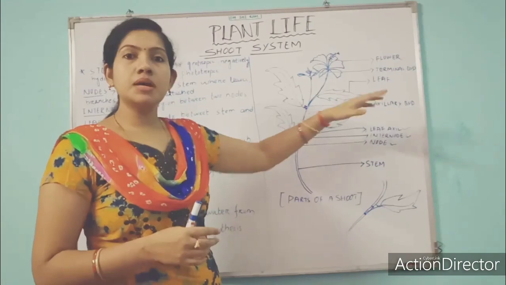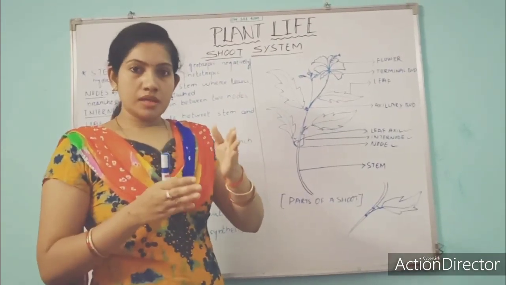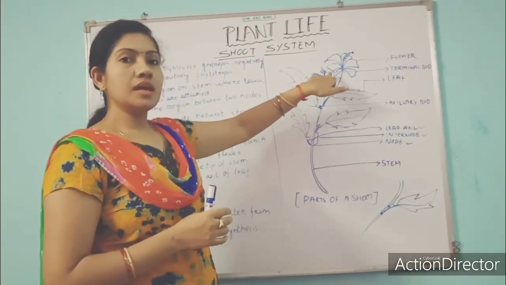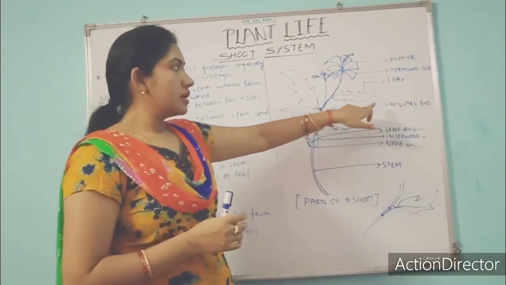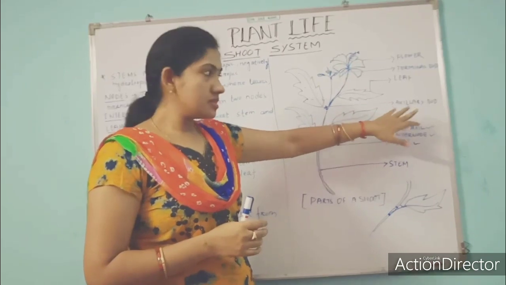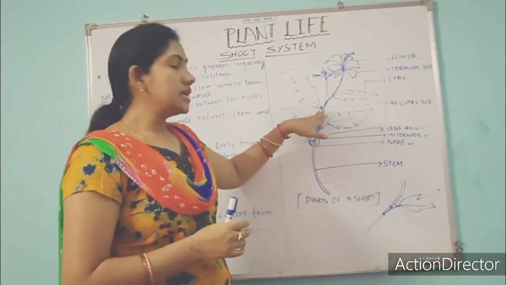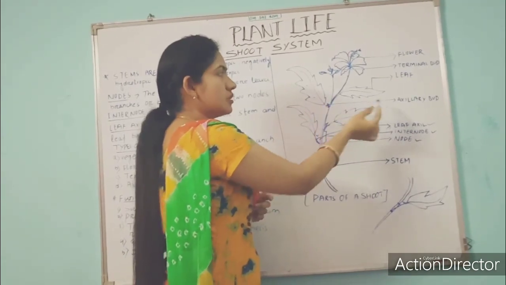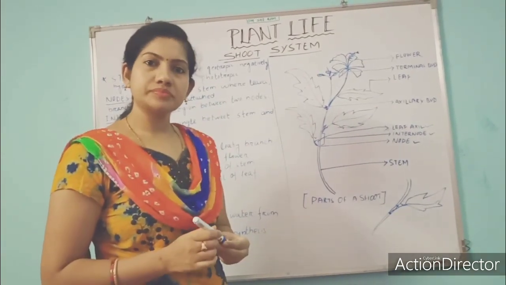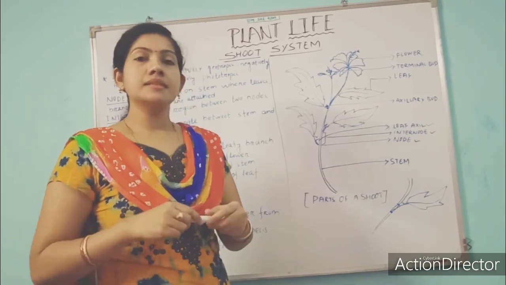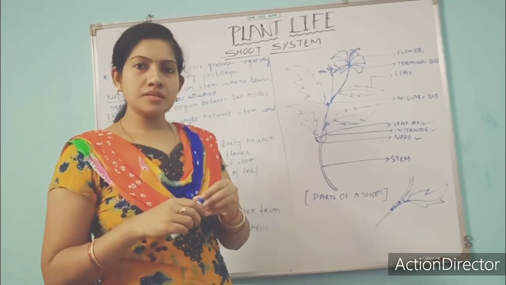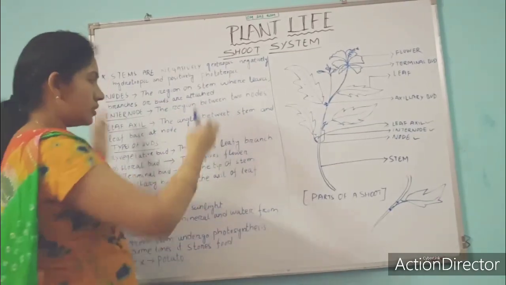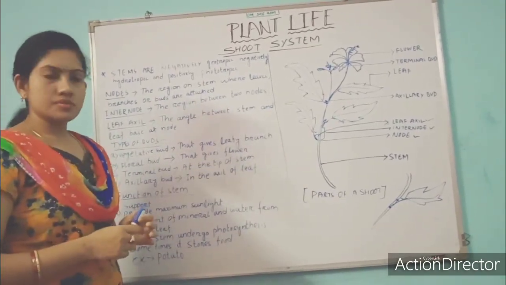Vegetative bud and floral bud may be positioned in two places in a plant. It may be terminal, that is, at the top of the plant, or it may be axillary, that is, positioned on the leaf axil. If it is present on the leaf axil, we call it an axillary bud. These are some terms that you need to understand. Again, go through the terms, and I will send you the picture also. You just note down the notes.